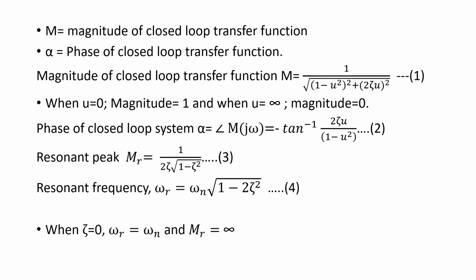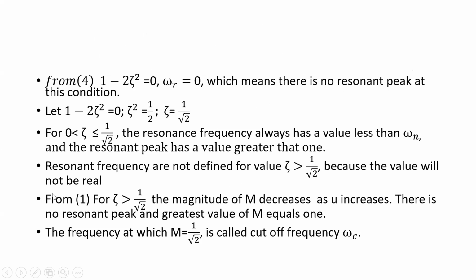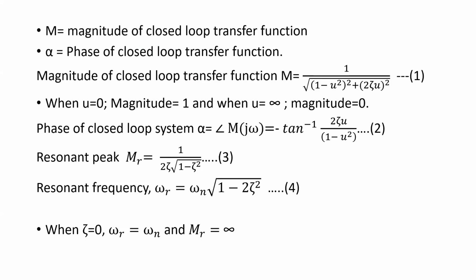Then the resonant peak: we have derived the resonant peak value and the resonant frequency value. Comparing this, when zeta equal to 0, this is important. Zeta is the damping ratio, damping factor, damping coefficient; all this represents zeta.